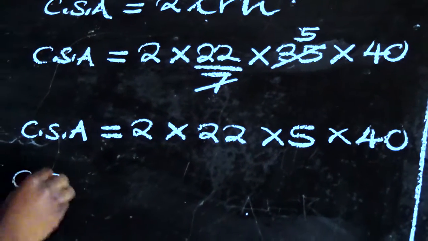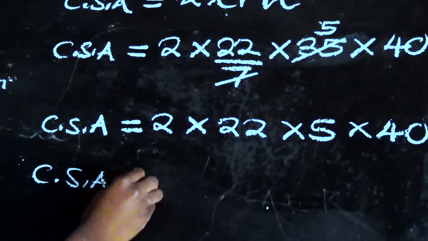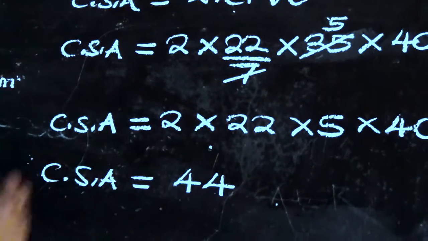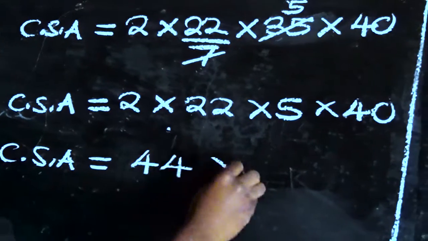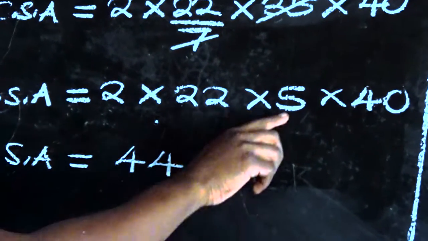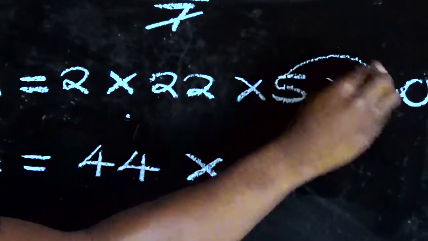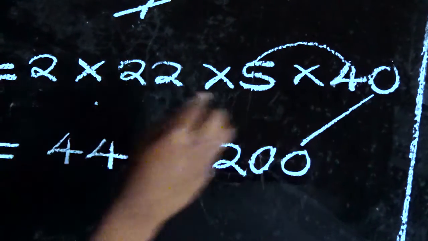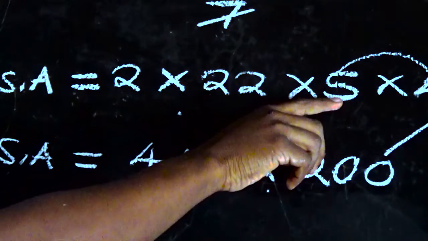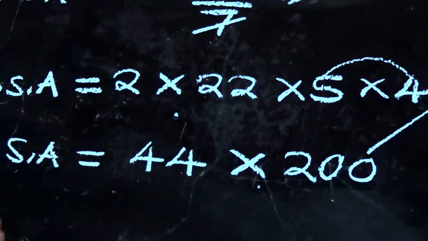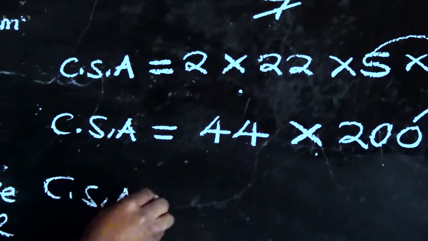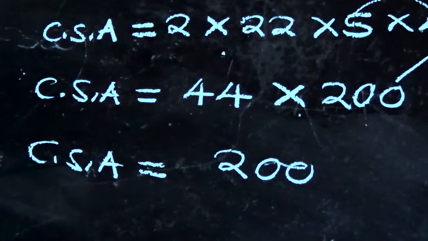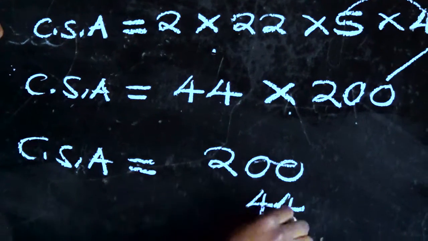So 2 multiplied by 22, you get 44. Then 5 times 4 is 20, add this 0, 200. So curved surface area is equal to 200 multiplied by 44.